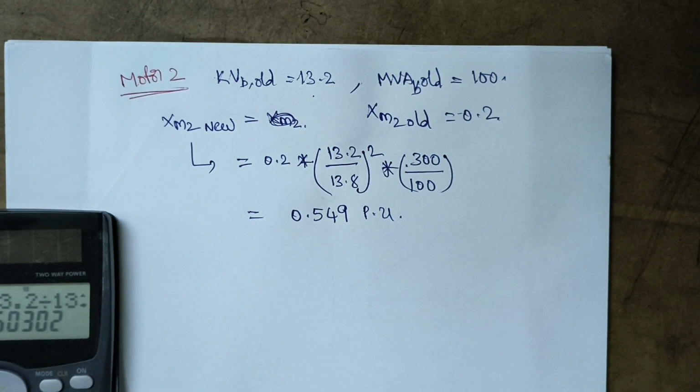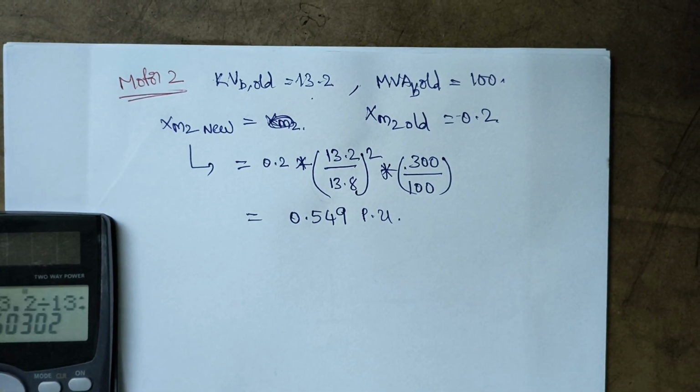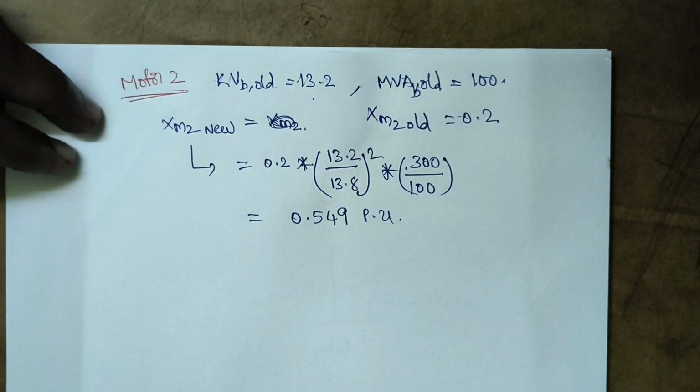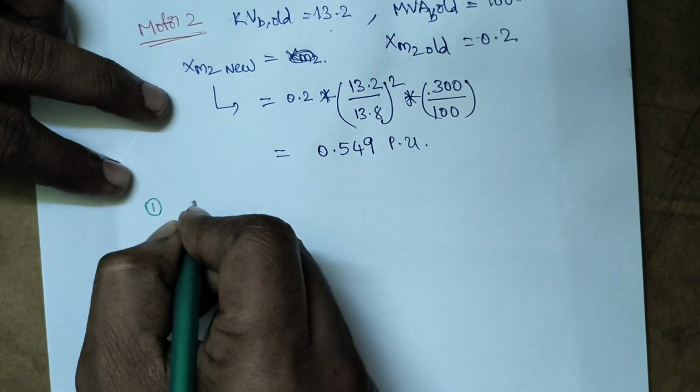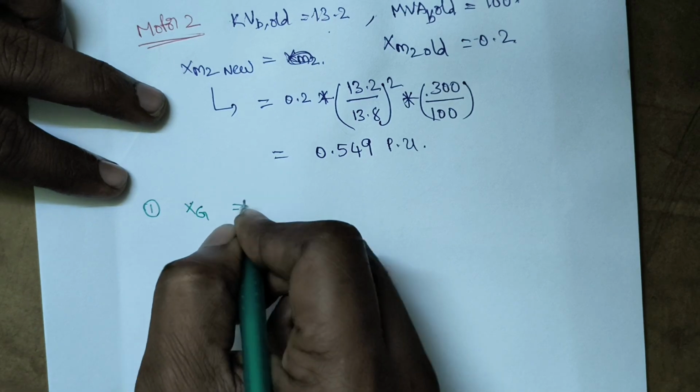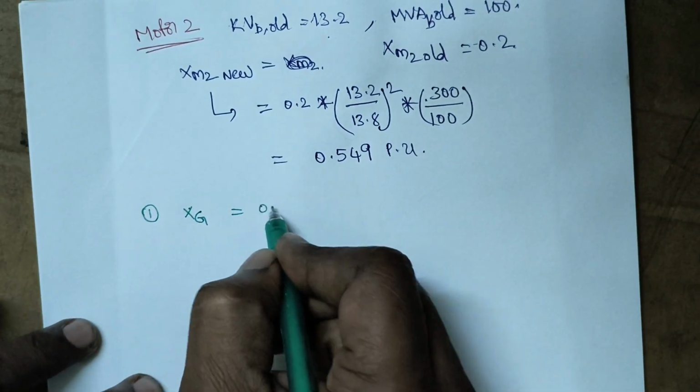So now what are the values I found? The first one is generator XG, 0.2.